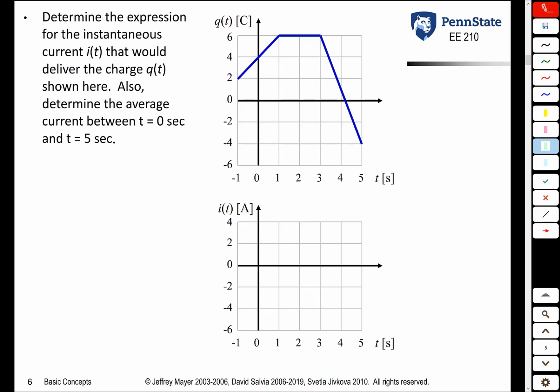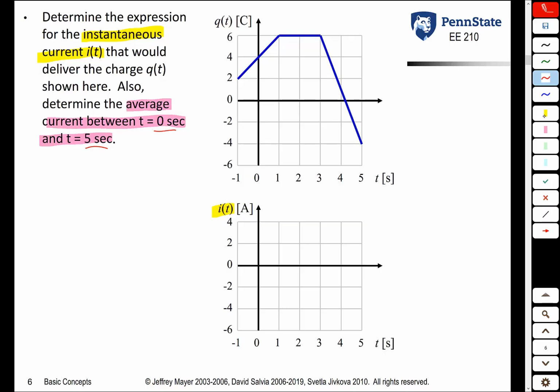So the first thing we want to do is find the instantaneous current. That's going to be this answer down here. And then we want to find the average current. And notice when you talk about average current, as I mentioned before, you always need two different points in time to define average current.